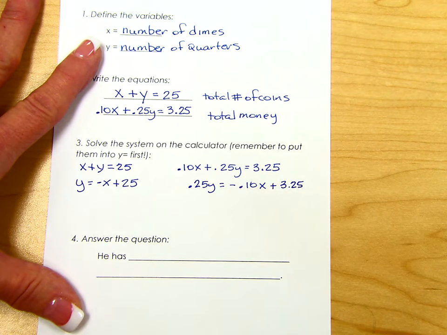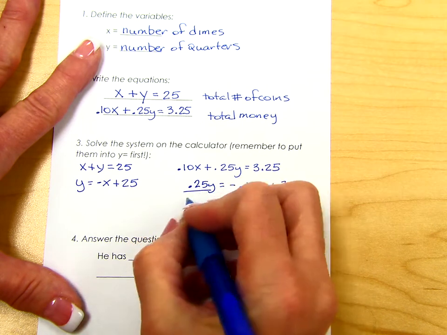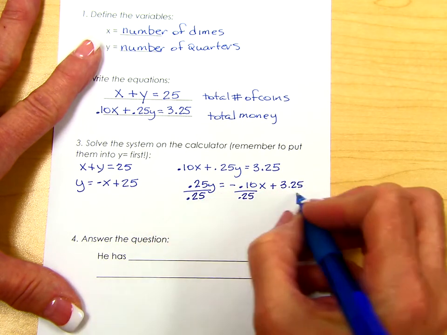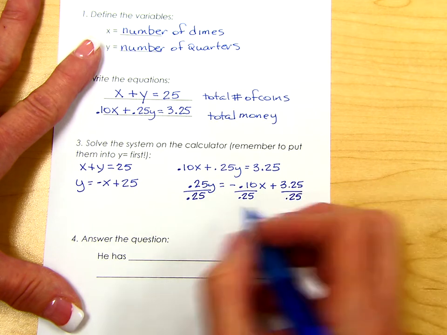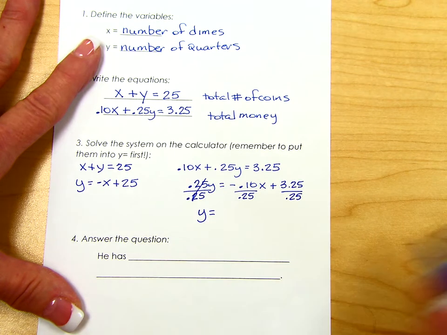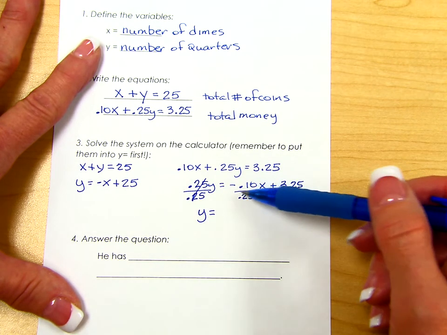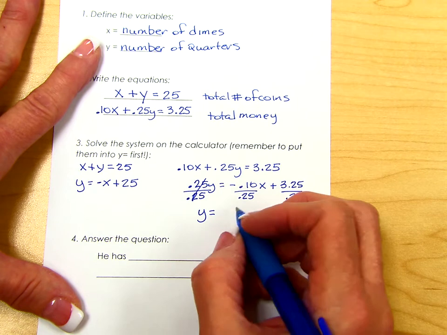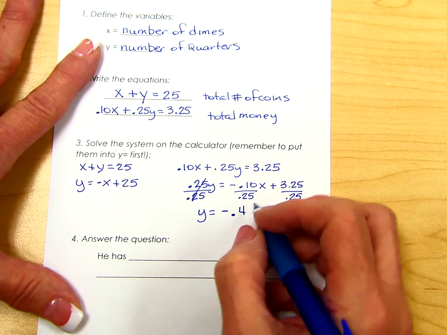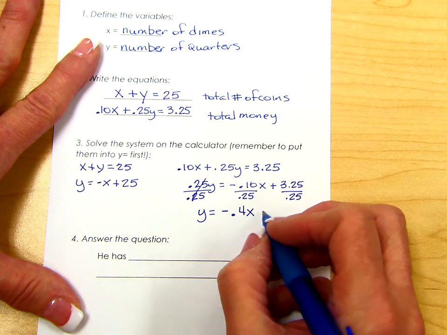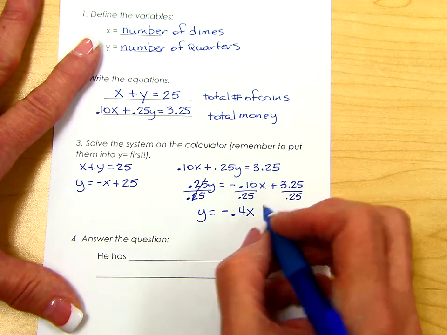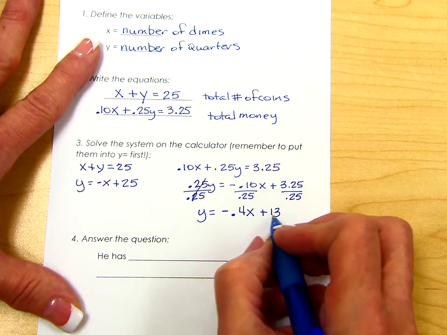Now we're going to divide everything by the coefficient of y, which happens to be 0.25, also called 25 hundredths. And then the 0.25's cancel out here, leaving the y. Do negative 0.1 divided by 0.25 in your calculator, and you get negative 0.4, and that's going to be our x's. And then basically this is asking how many quarters are there in $3.25, and that would be 13 quarters.